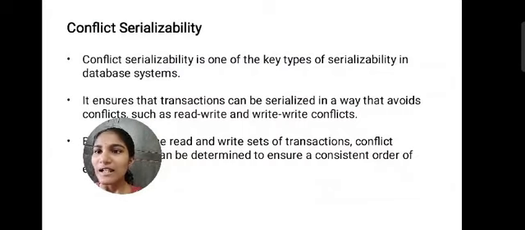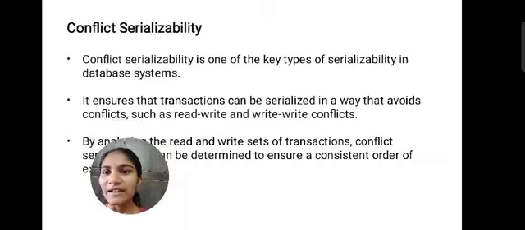So conflict serializability is one of the key types of serializability in database systems. It ensures that transactions can be serialized in a way that avoids conflicts such as read-write and write-write conflicts. There are certain conflicts in a database that occur generally during parallel transactions, that is read-write and write-write.